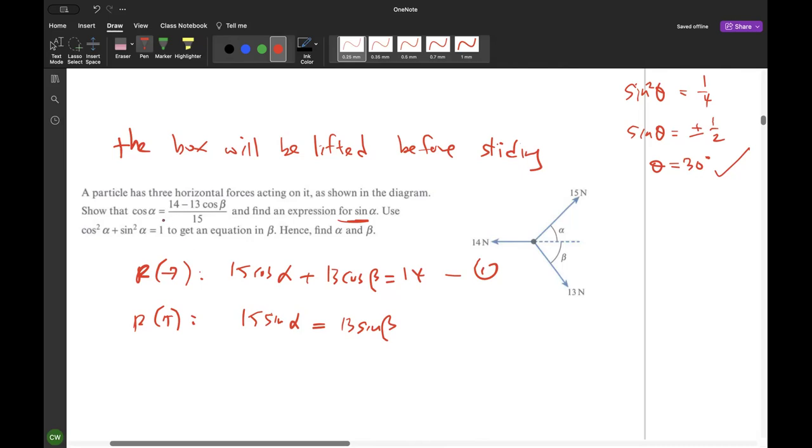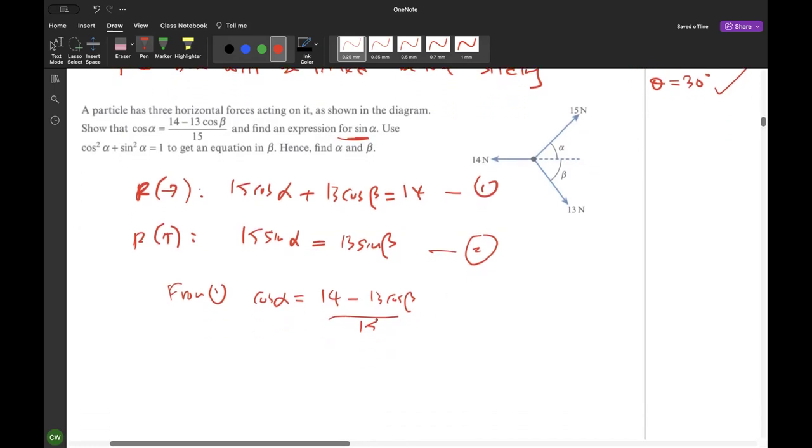This one is actually from number one. So what can you see from number one? This is cos α, can take from here. For number one, you can see cos α is 14 minus 13 cos β, divided by 15. Find the expression for sin α. Sin α is this one, 13 over 15 sin β.